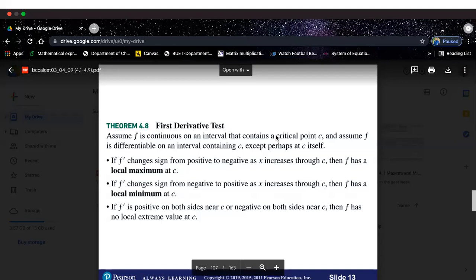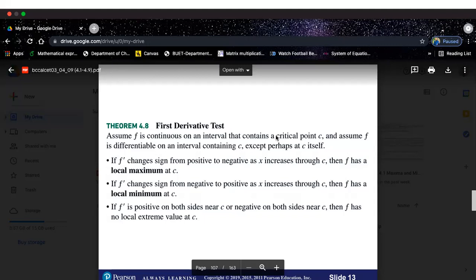So if we know a critical point on that interval where the function is continuous and differentiable, except perhaps at C. So what does it mean? That means your function is continuous and differentiable everywhere, but it could be not differentiable at C. That means the C could be a corner point, okay?